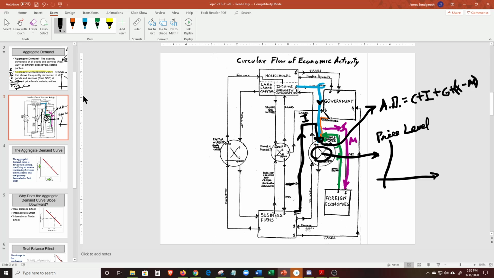And instead of just some quantity of a good, we're going to have real GDP here. And this is going to be aggregate demand. And we'll talk more about aggregate supply. This is going to be aggregate supply. And this is going to get a lot more complicated, but basically, that's the way we're heading.